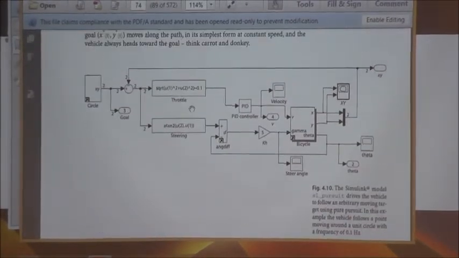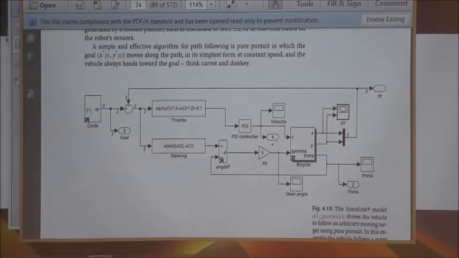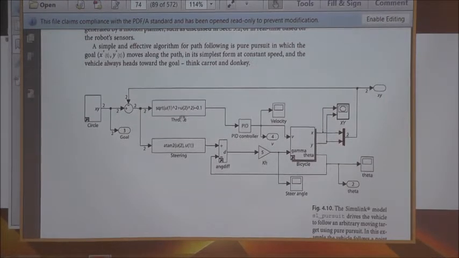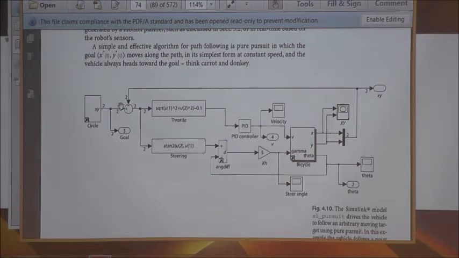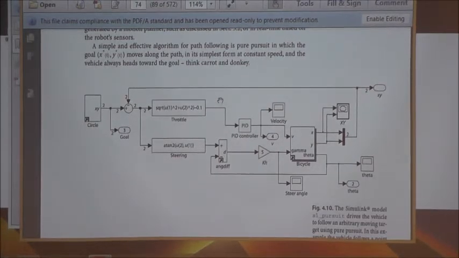So, this is now the circle, which is your input, the known path. Its character values are going to be plugged into here. You compute the distance, and you take the square root of the sum of the squares of x star minus x and y star minus y. So here you get the difference between where you are and where you want to be.